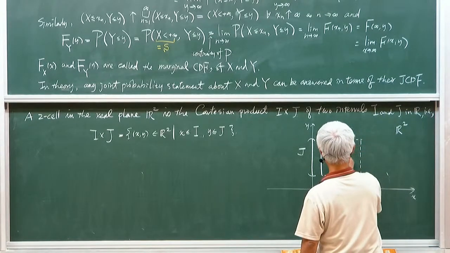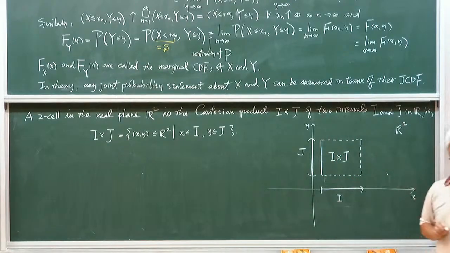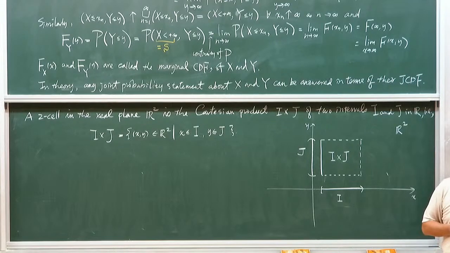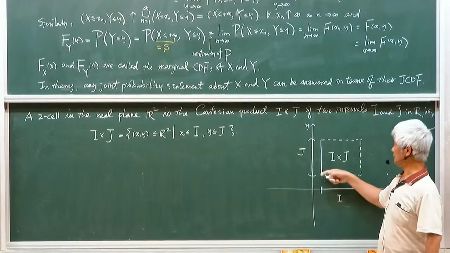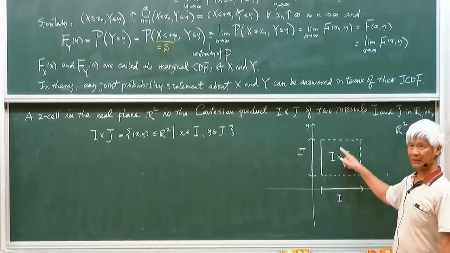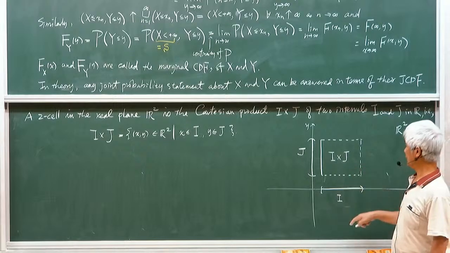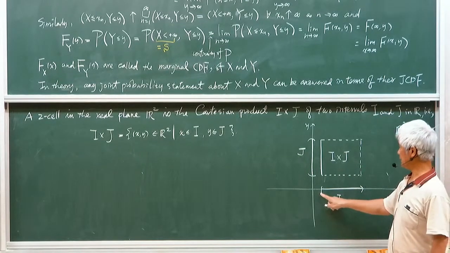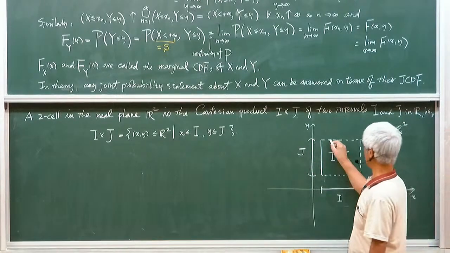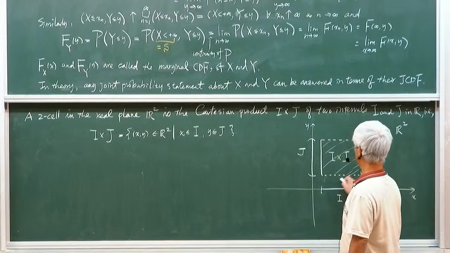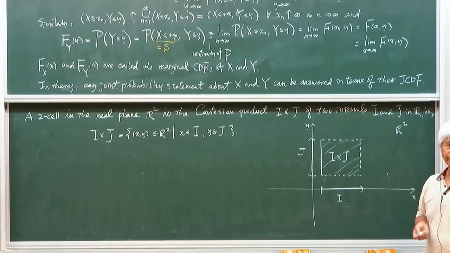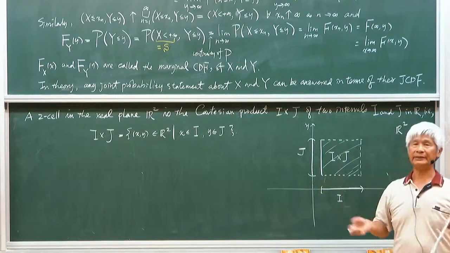So this is I Cartesian product with J. And you can see that it's a rectangular area here. It includes one side only, and they have three open sides. The reason is that I is half closed, half open, and J is an open interval. So this is a two-cell. Any two-cell is just a rectangular area.